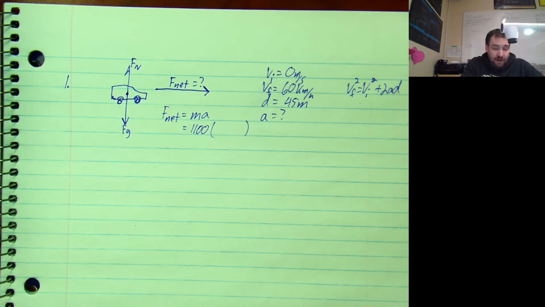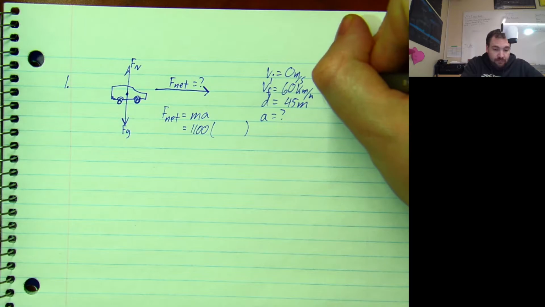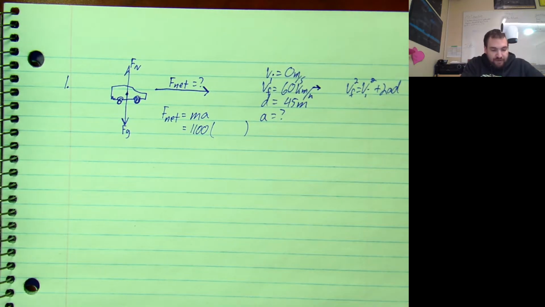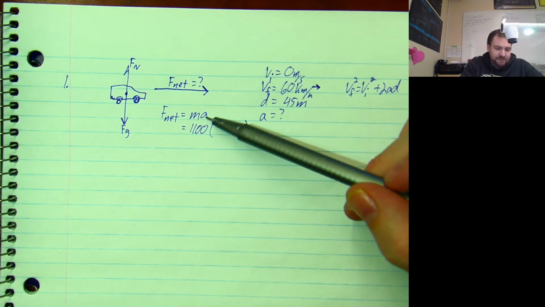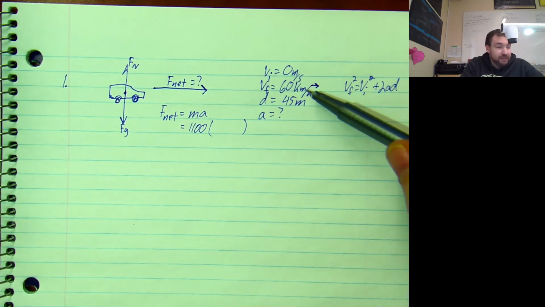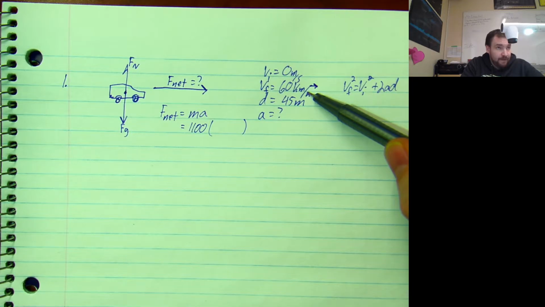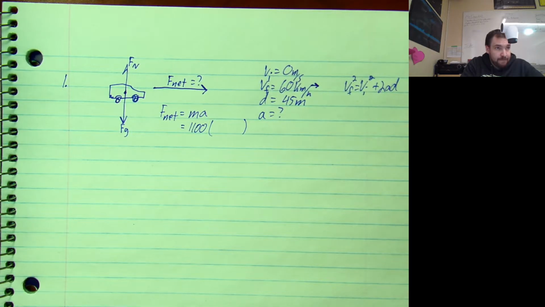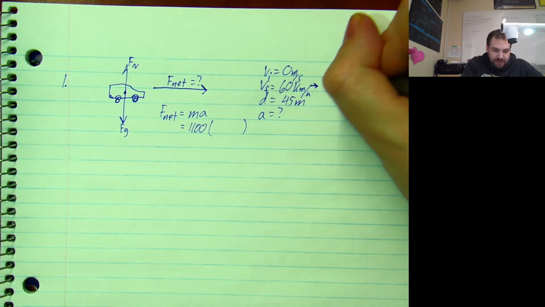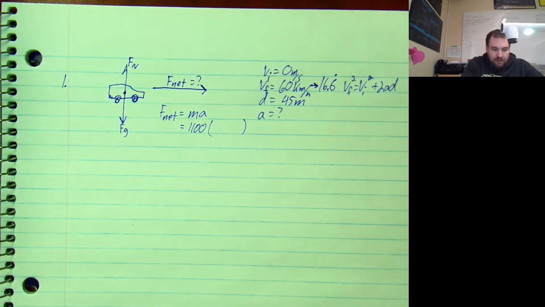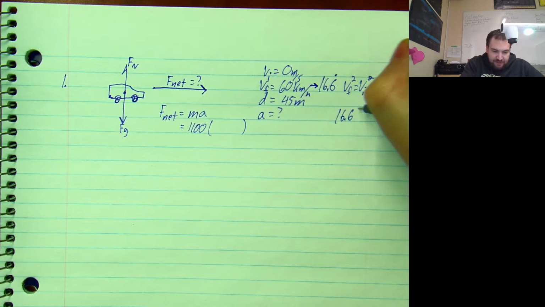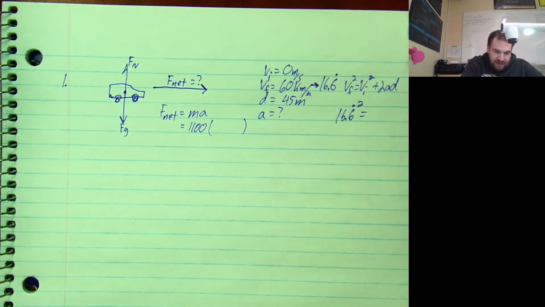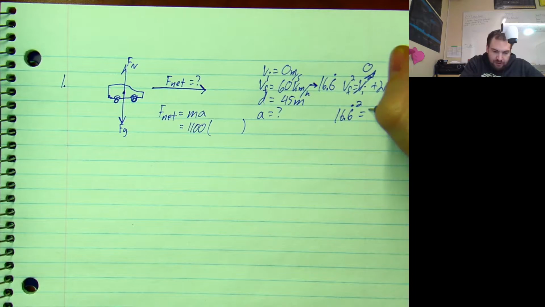Convert, Naya says, from kilometers per hour to meters per second. So 60 kilometers per hour is what in meters per second? 16.6 repeating, or 16.67. So Vf squared is 16.6 repeating squared equals 0 plus 2A times 45.